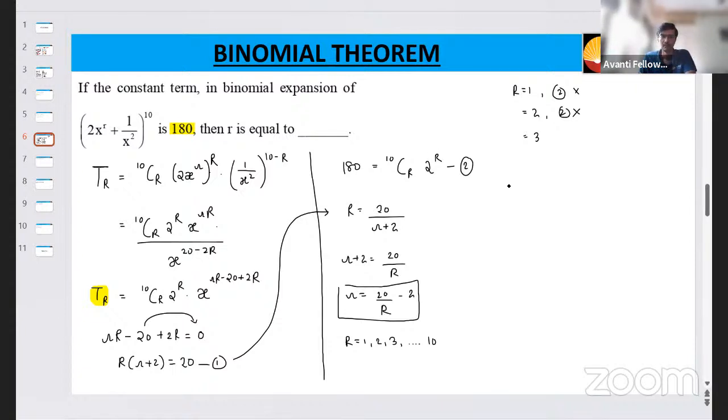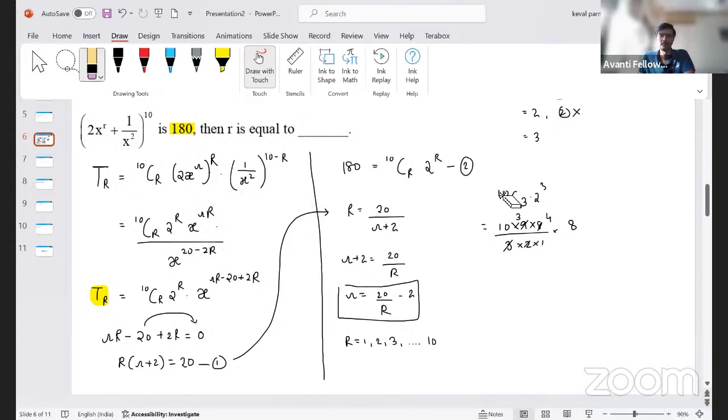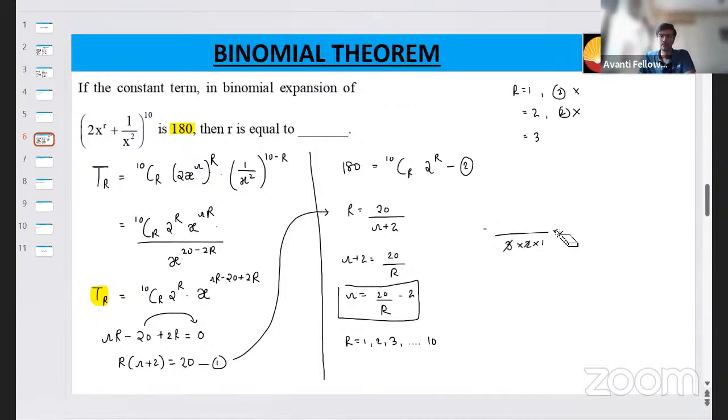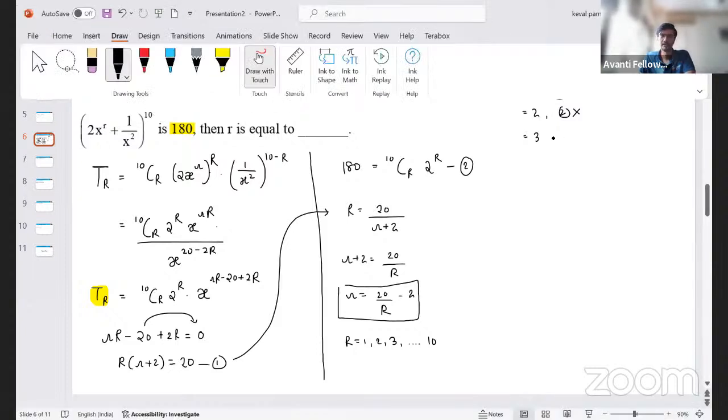Let's check for 3. So 10C3 into 2 raised to the power 3, which is 10, 9, 8 into 8. So 3 3s are 9, 2 4s are 8, 4 3s are 12, 12 8s are 96. No, it's not happening for 3 either.